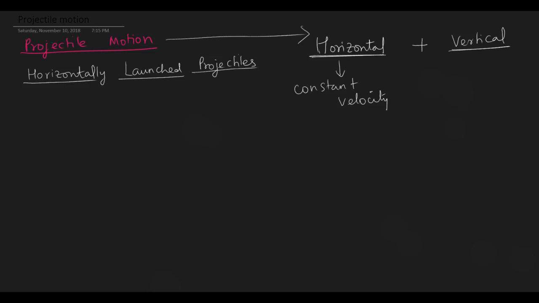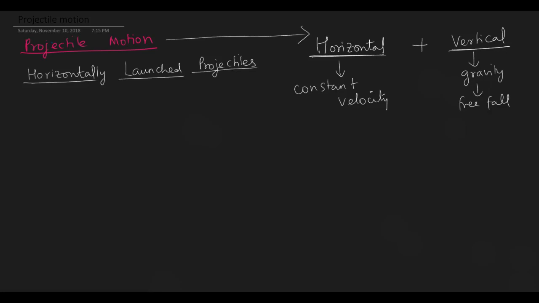Vertically though, it is moving under the influence of gravity. So that means it's really in free fall. Since we know how to solve free fall problems and we also know how to solve constant velocity problems, we are going to treat horizontal like a constant velocity problem and treat vertical like a free fall problem.